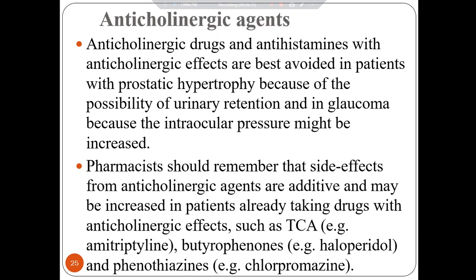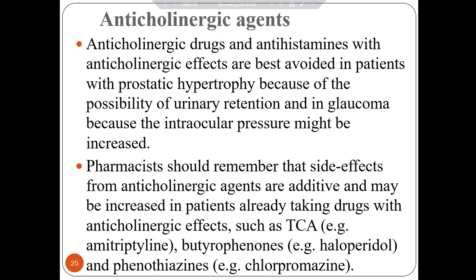Pharmacists should remember that the side effects from agents having anticholinergic activity are additive and may be increased in patients already taking drugs with anticholinergic effects, such as tricyclic antidepressants like amitriptyline, butyrophenones such as haloperidol, and phenothiazines such as chlorpromazine.